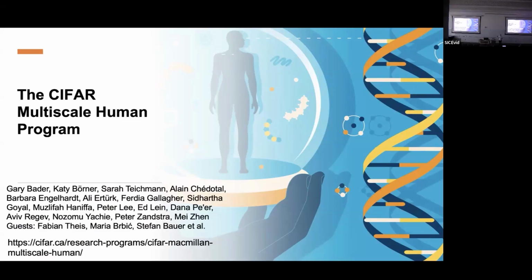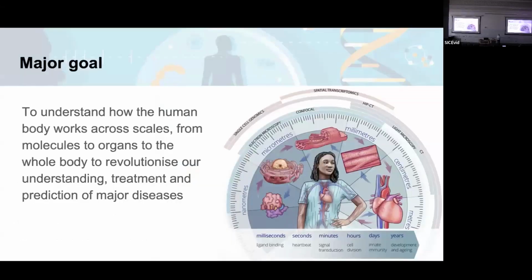Some of the programs have been running for many years, like 40 years. So it's an interesting idea of funding idea generation, and we have been funded for discussing the topic of the multiscale human. The major goals are to understand how the whole human body works across scales, from molecules up to the whole body.